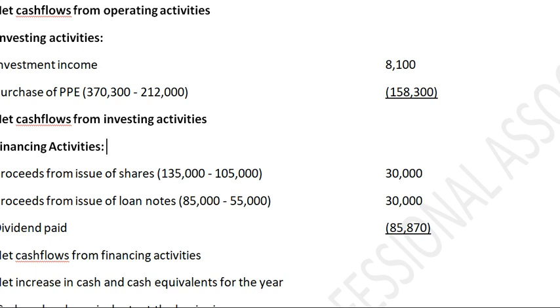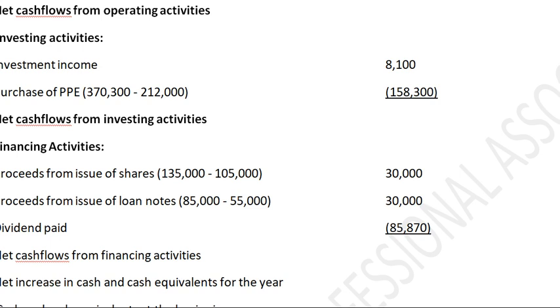Yes, sir. My question is, you mentioned that if it has to do with purchase of PPE, then it is cost. If it is sales, then it is carrying value. So how do we know if the PPE was actually purchased or sold? I explained earlier.